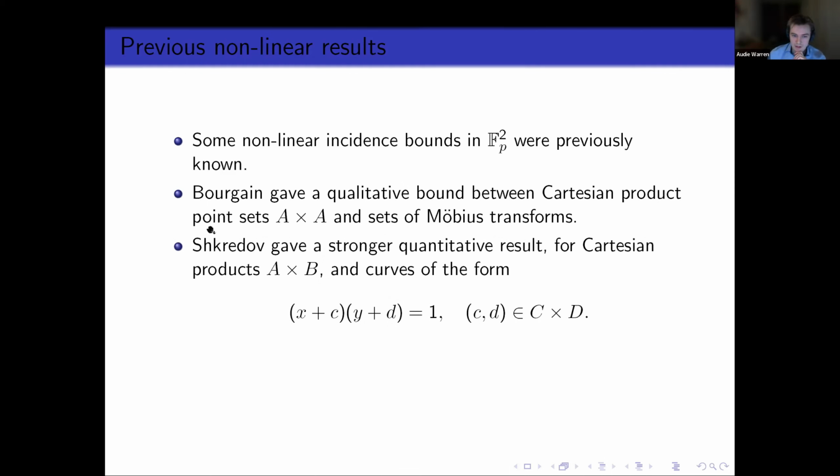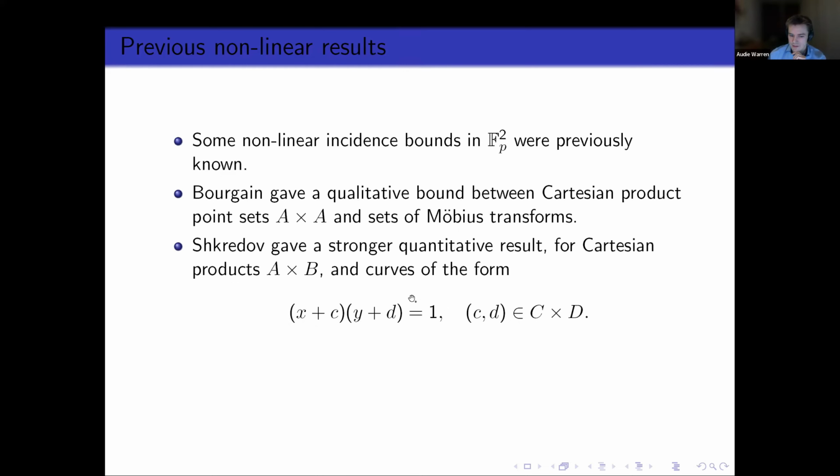Shkredov gave a stronger bound for Cartesian products which are not balanced anymore, not symmetric anymore, A cross B, and curves which are actually translates of the hyperbola xy equals 1. Okay.